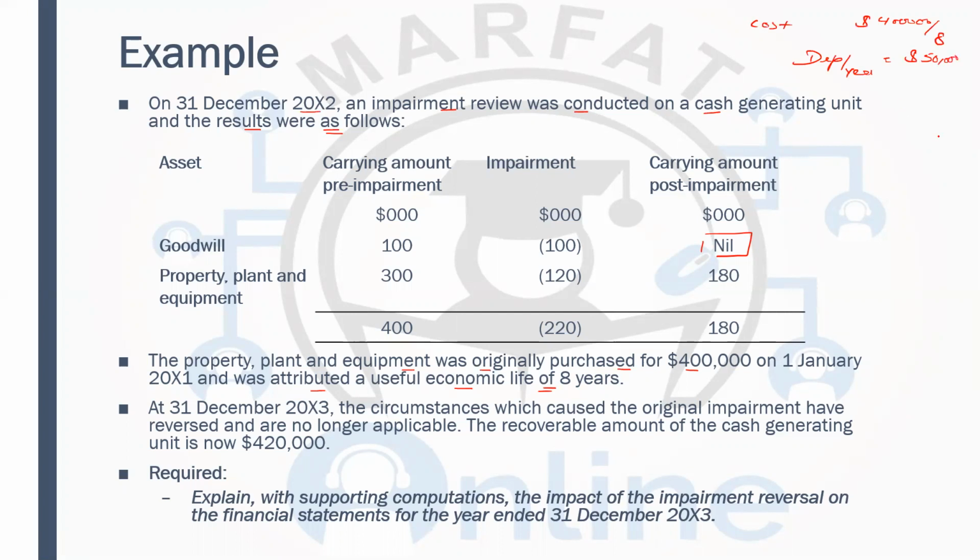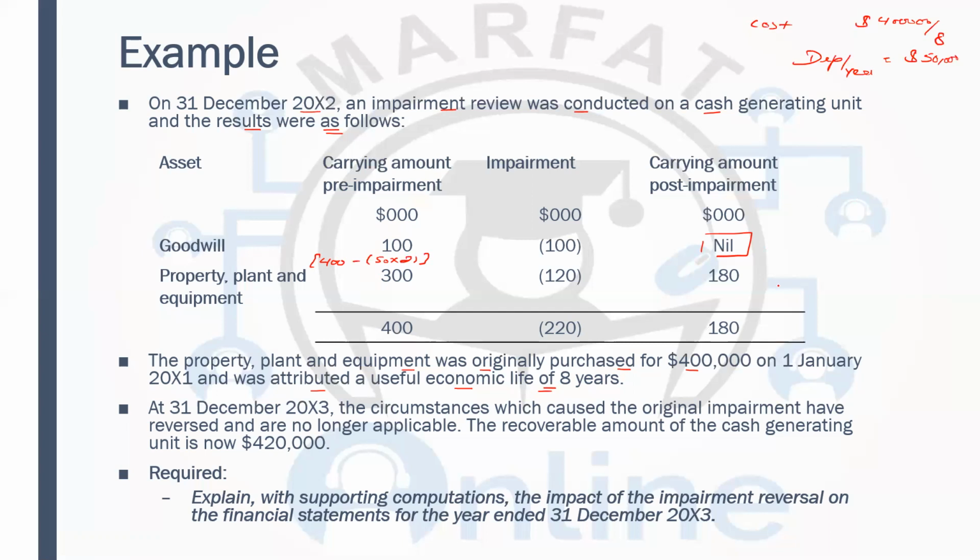So they conducted an impairment review after 2 years of the asset purchase. Now that means that the asset would have been 300. How has this 300 been calculated? 400 is the original cost minus 2-year depreciation, so 50 per year into 2. So that is why you got this carrying value of 300. And we know once the asset is brought down to the recoverable amount, the new depreciation is charged on the recoverable amount and the remaining useful life.